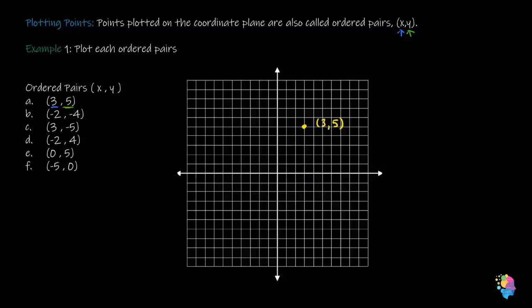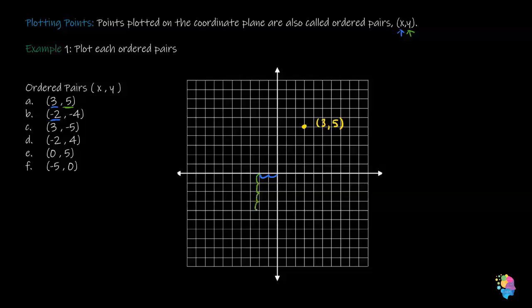Let's try another one. The next example reads -2, -4. So then our x coordinate is -2, so we're going to move 2 to the left. We go back to the origin this time. For every new point, we go back to the origin. So -2 is 2 to the left from the origin. And then the y value is -4, so we're going to go 4 down from where we left off.